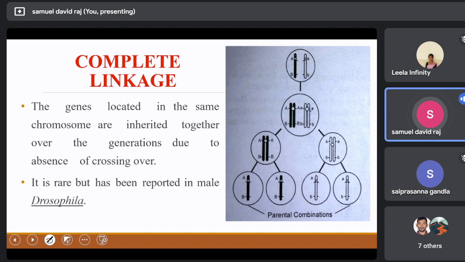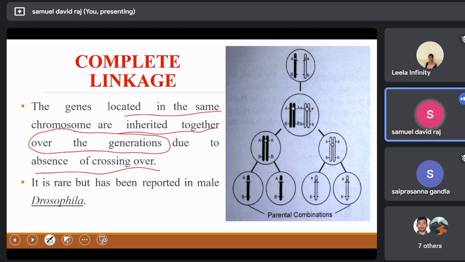So complete linkage. What do you mean by complete linkage? The genes located in the same chromosome are inherited together, not just from father to son, but to all coming generations. Why? Because of the absence of crossing over.